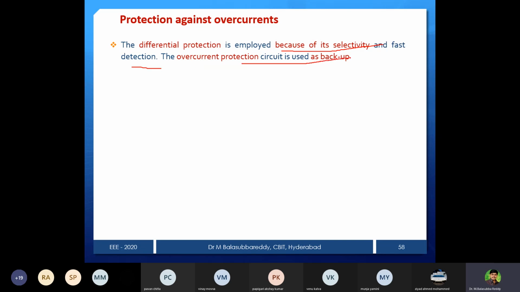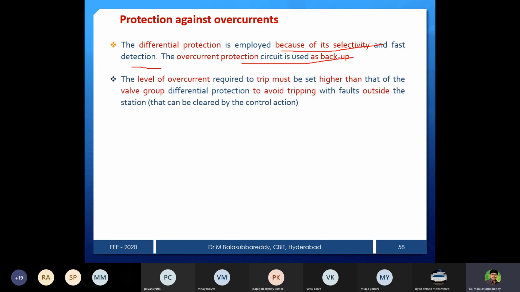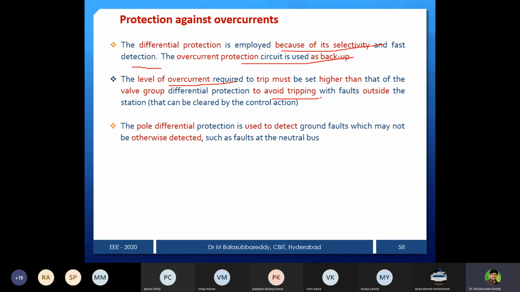Overcurrent protection is used as a backup, and the level of overcurrent required to trip must be set higher than that of the valve group, and differential protection is to avoid tripping for a fault outside the station. And the pole differential protection, because these are all individual protection schemes used in the HVDC system, each one has its own function.